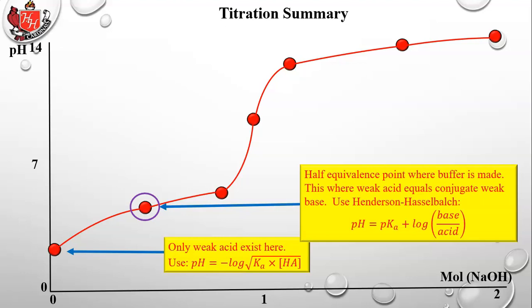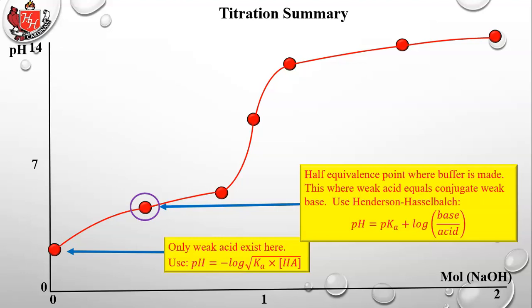So you use the Henderson-Hasselbalch equation, since you have some of both the weak acid and the conjugate weak base. If those two numbers are equal, then the base over the acid will equal 1, and the log of 1 is 0. This is really the key point of buffers. You want to choose an acid that has a pKa equal to the pH that you want to buffer at.